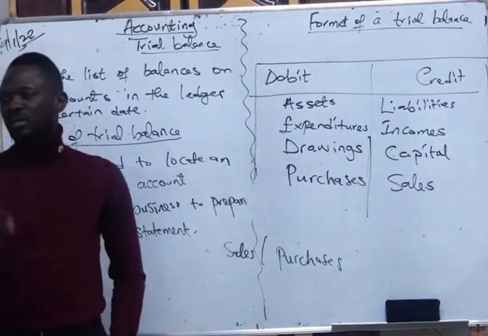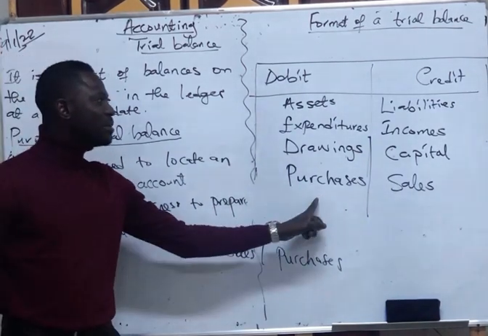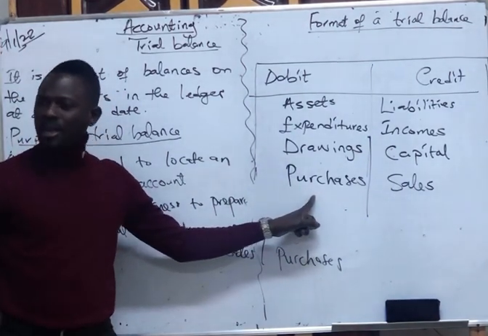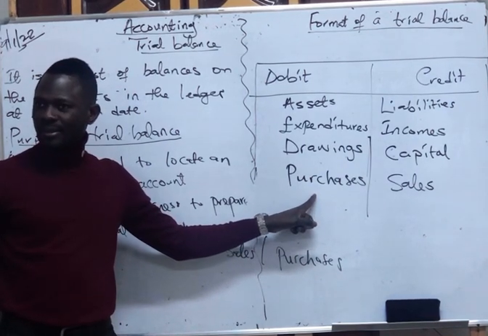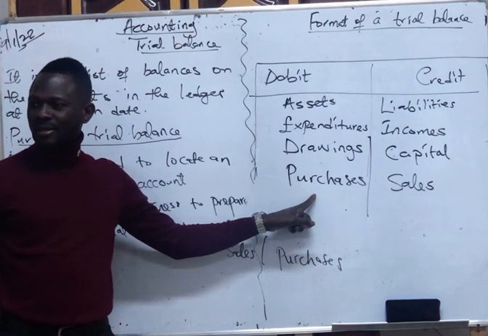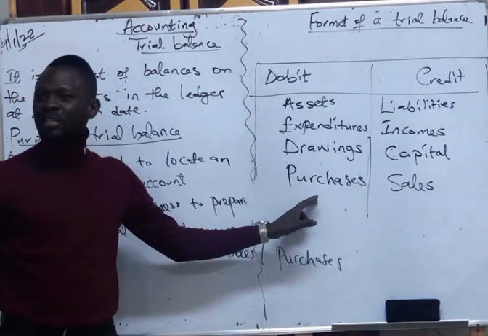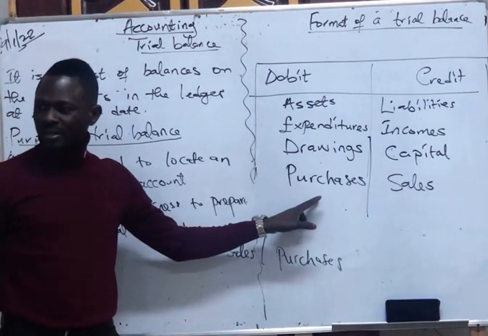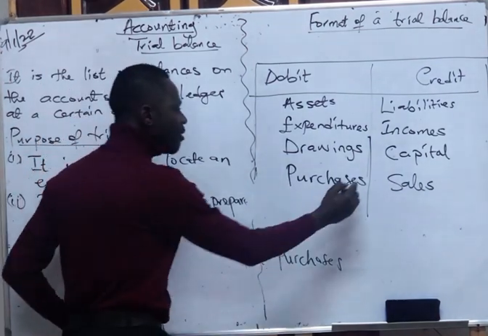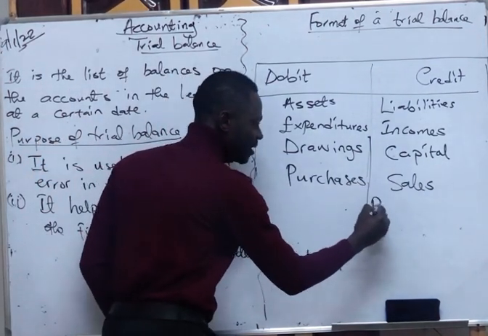Purchases return. So if purchases is on the debit side of your trial balance, purchases returns will go where? Credit side. Thank you. So you have your purchases returns here.